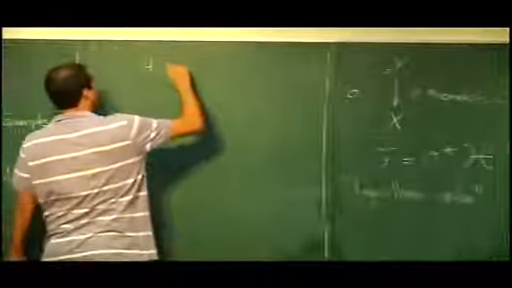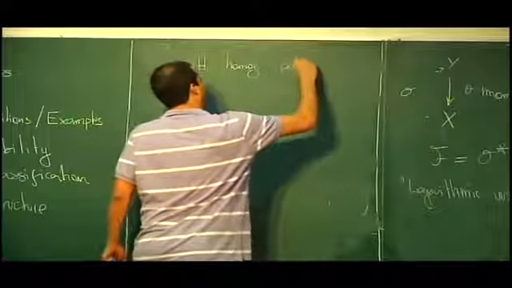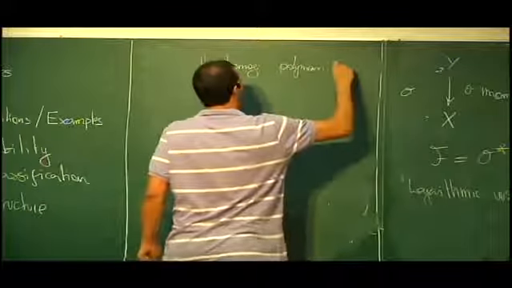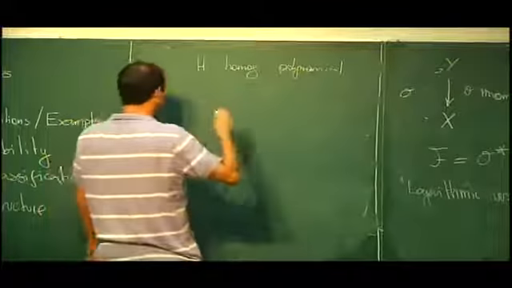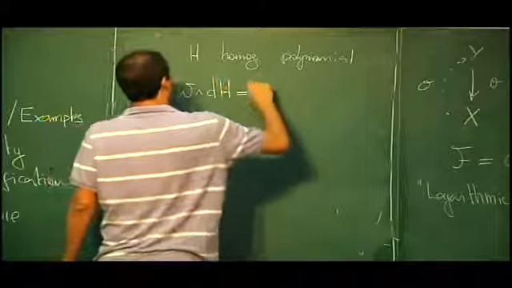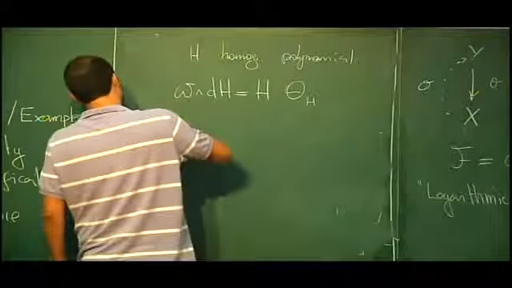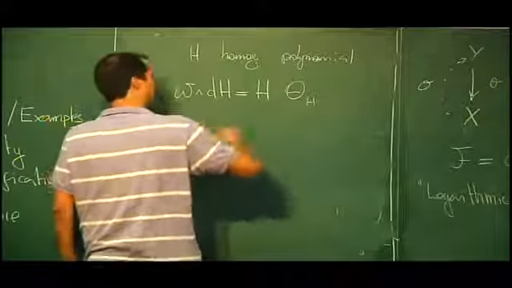Now, an algebraic curve, as we all know, is defined by H, a homogeneous polynomial. And it will be invariant by the foliation defined by omega if and only if d omega is equal to H over theta for some polynomial two form.